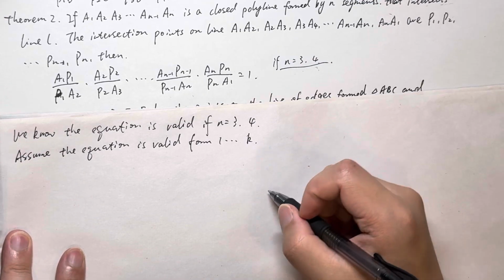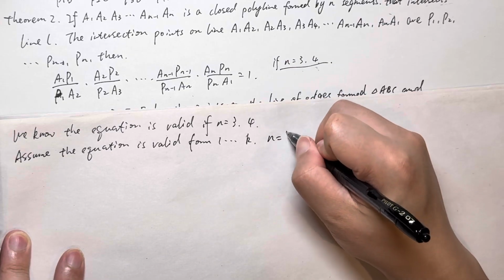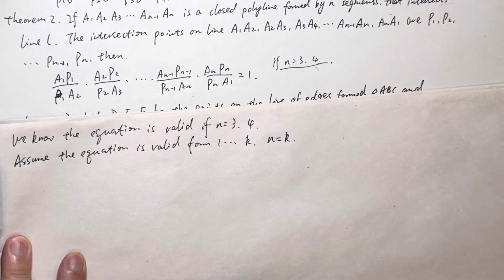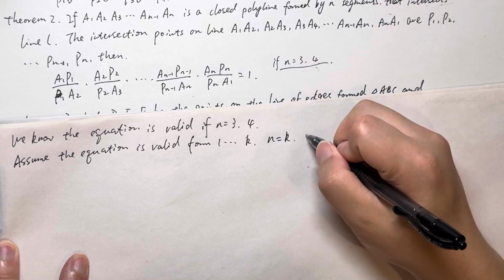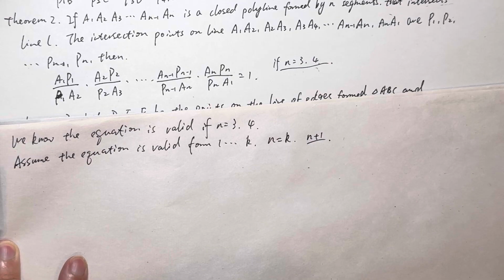From 1 to k, it's valid, or 1 to n. Now n equals k, it's valid, right? So we want to prove the n+1 case, or k+1 case, right?